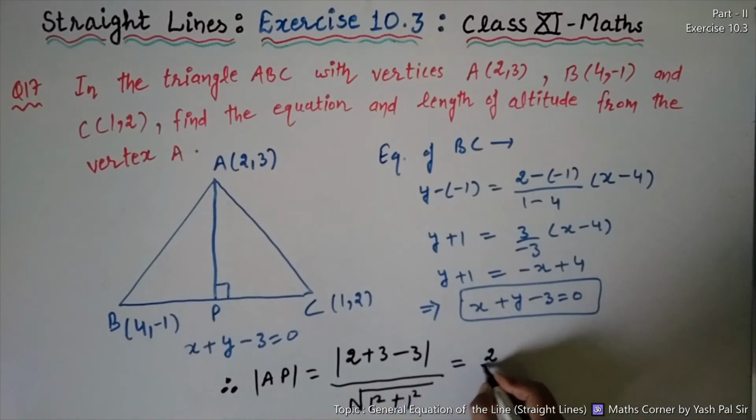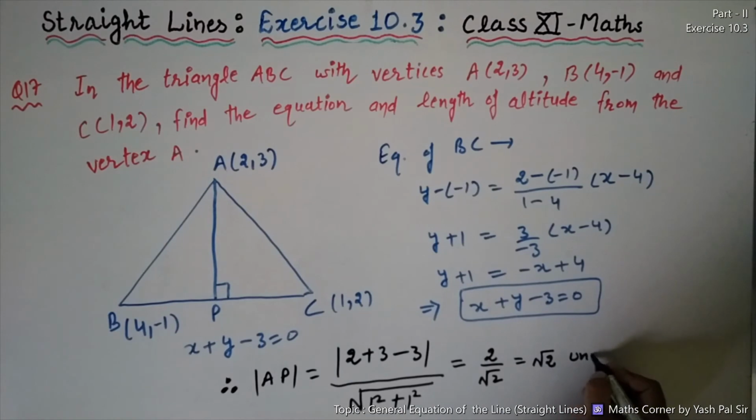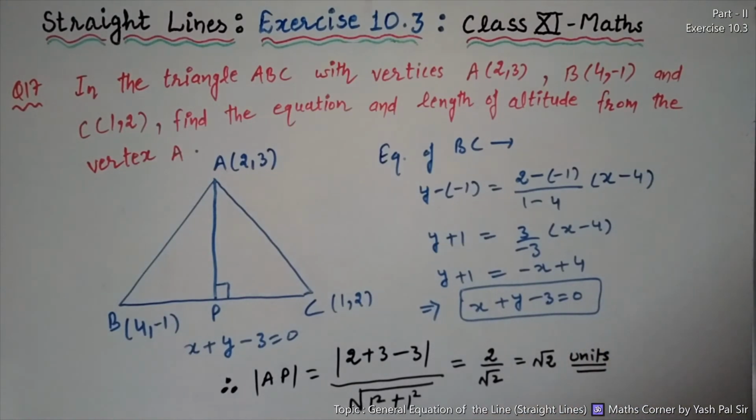That is equal to 2 upon square root 2, which is equal to square root 2 units. This is the length of altitude, right?